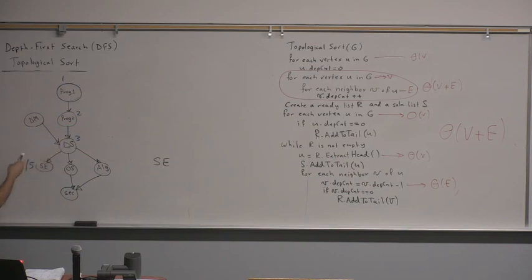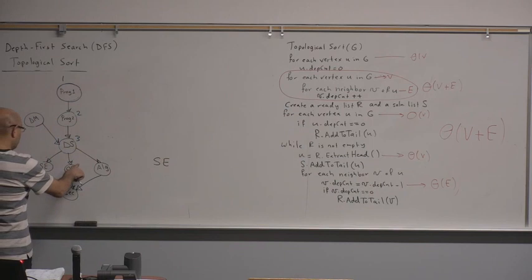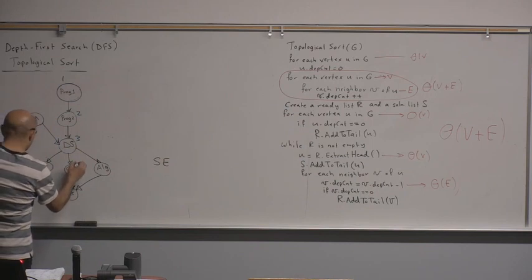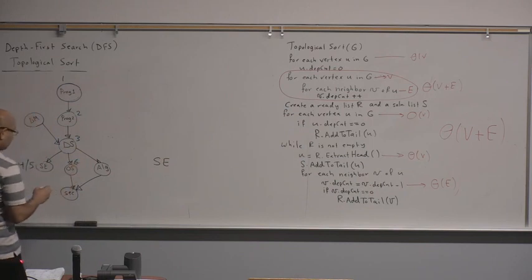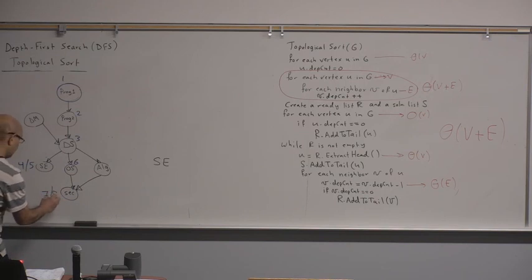So now we go back to DS. Can we finish it? No, we cannot finish it. We'll go to OS and give it number 6. Then we'll go to the neighbor, and this is number 7. Now we finish this because it doesn't have any neighbors, so number 8. So we finish it, we put it at the end.